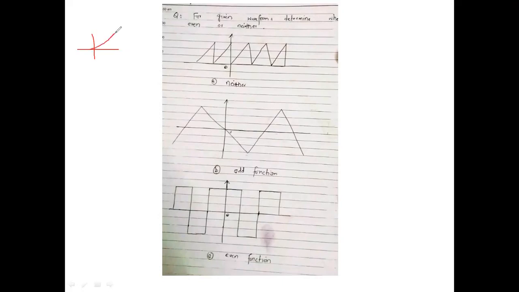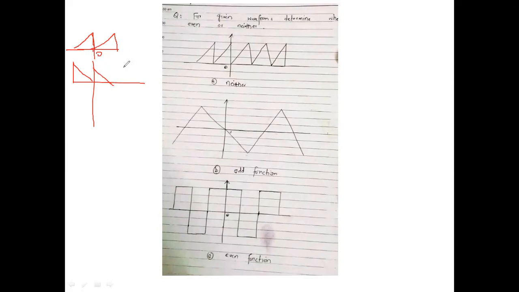It is just like this. We can also call it a ramp function. This is 0. When we flip it, we will get this.